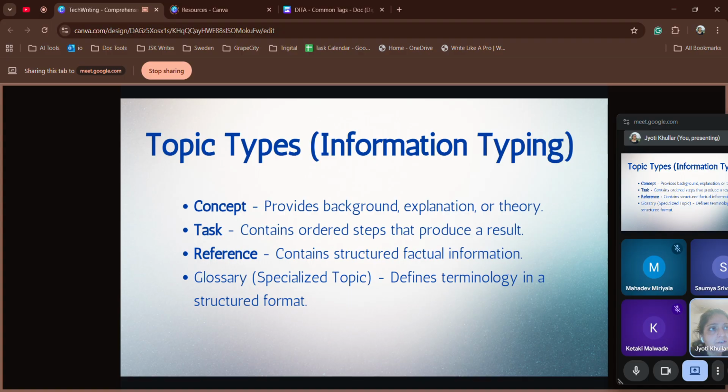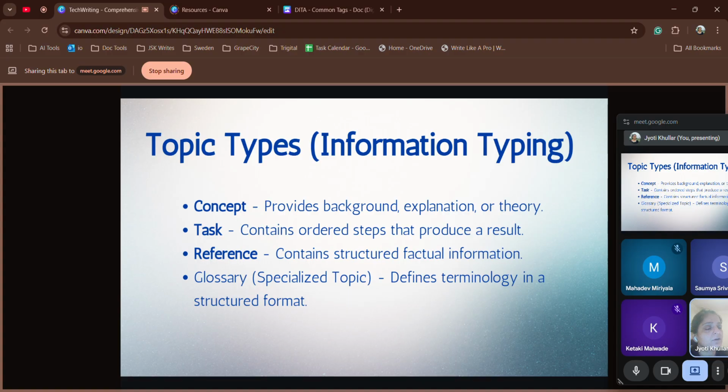Then glossary. Glossary is not a standard topic. It's just an example here that you can create these kind of specialized topics. Specialized topics is that you create your own structure within DITA and you follow that only. अगर आपको glossary pages बनाने हैं या कुछ भी बनाना है तो आप उसका structure define करके रखोगे.